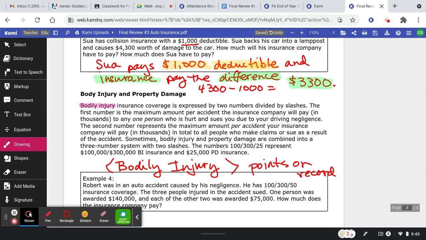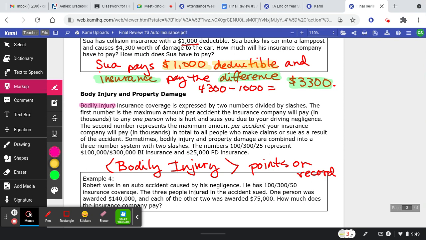So the first number is given to us. It's the maximum amount per accident that they will pay to any one person. So go look at these numbers with slashes, like 100, 300, 25. When it says 100, 300, the 100 stands for the amount per person, any one person. The second number stands for the maximum amount that they will pay to all the people in the claim.